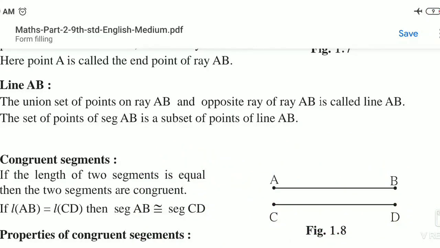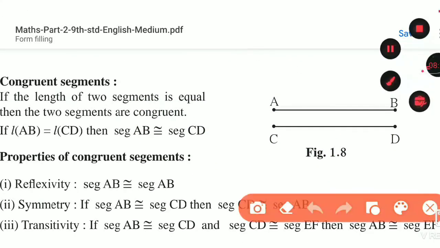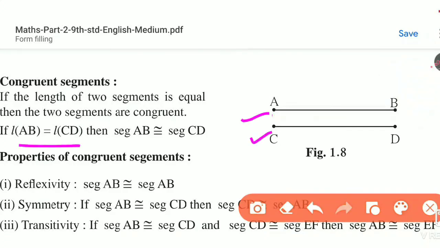We can read line AB as BA, otherwise AB, both ways. Next we saw congruent segments: if the length of AB is equal to the length of CD, then we say that these two are congruent to each other, and this is the sign of congruency.